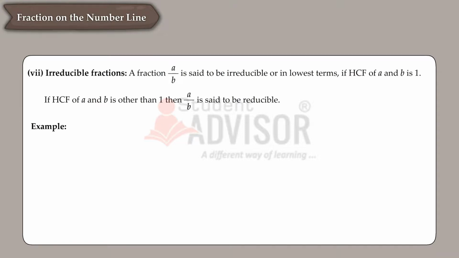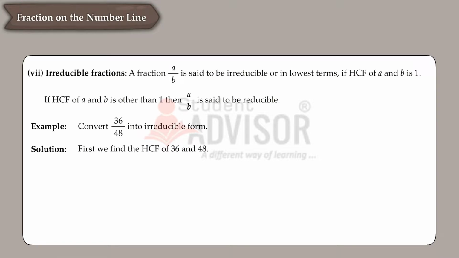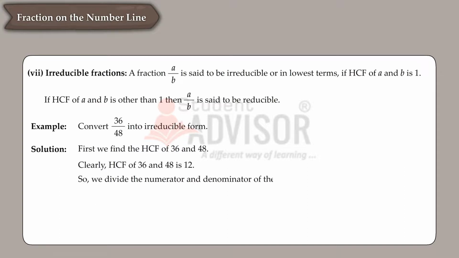Study the given example. Convert 36 by 48 into irreducible form. Solution. First, we find the HCF of 36 and 48. Clearly, HCF of 36 and 48 is 12. So, we divide the numerator and denominator of the given fraction by 12.